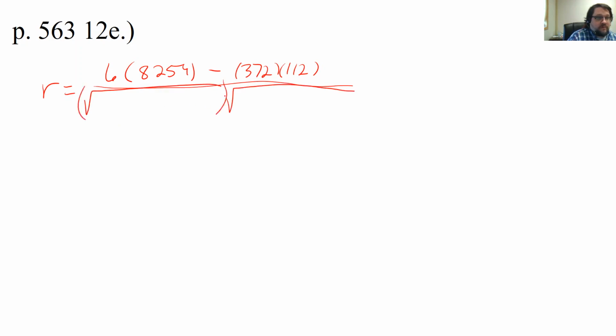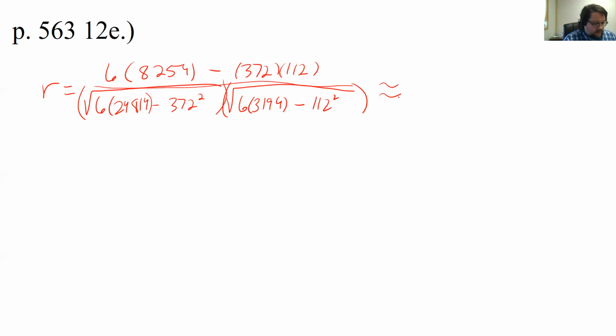Within the square root, it was sample size times the square of the x's, 24,814, minus the sum of the x's being squared. And then the same thing, 6 times the sum of the squares of y minus the sum of the y's being squared.